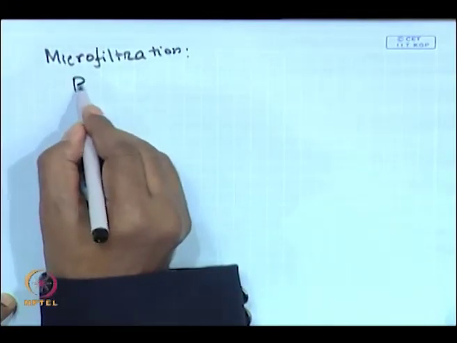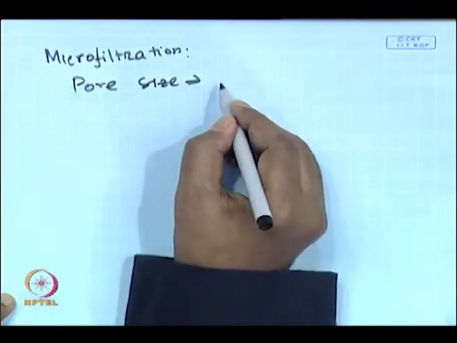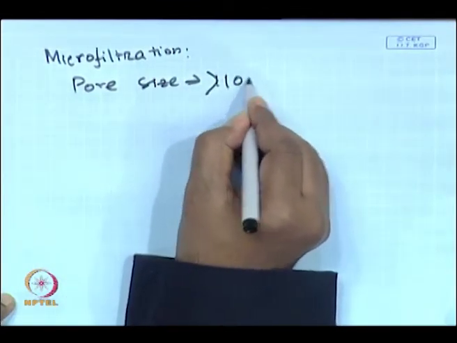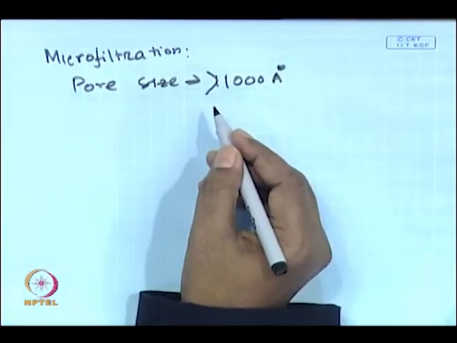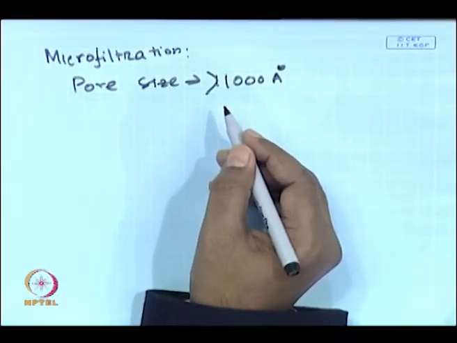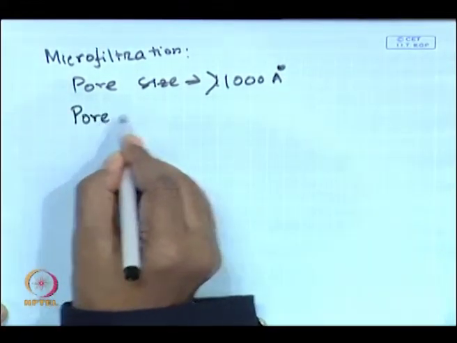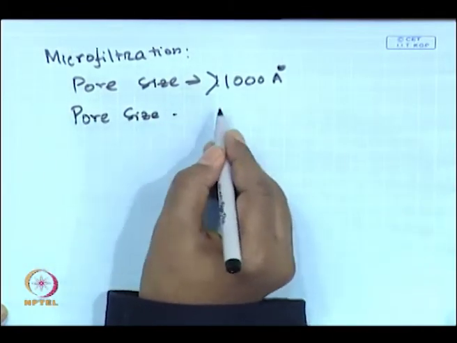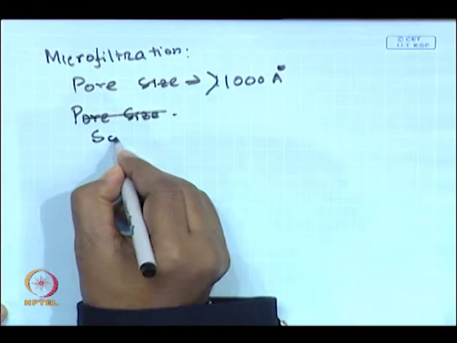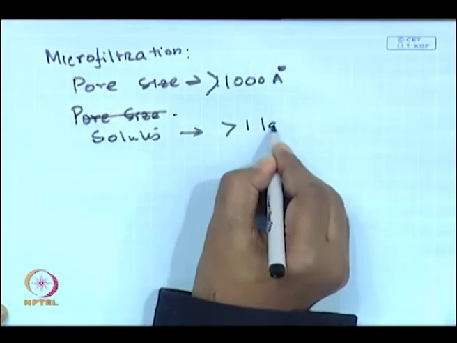The first characteristic of microfiltration is that the pore size is very high, in the order of more than 1000 angstrom. Okay, 0.1 micron, 0.2 micron, 1 micron, 2 micron, like that. And the molecular weight of solutes to be separated is greater than 1 lakh, 10 to the power 5.